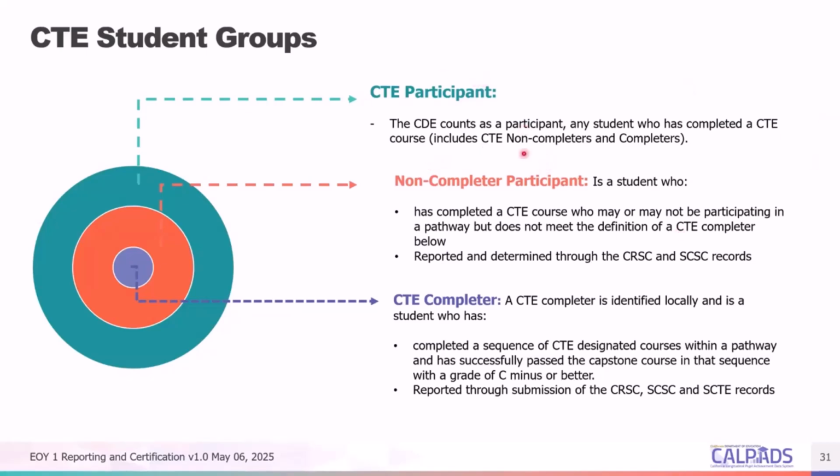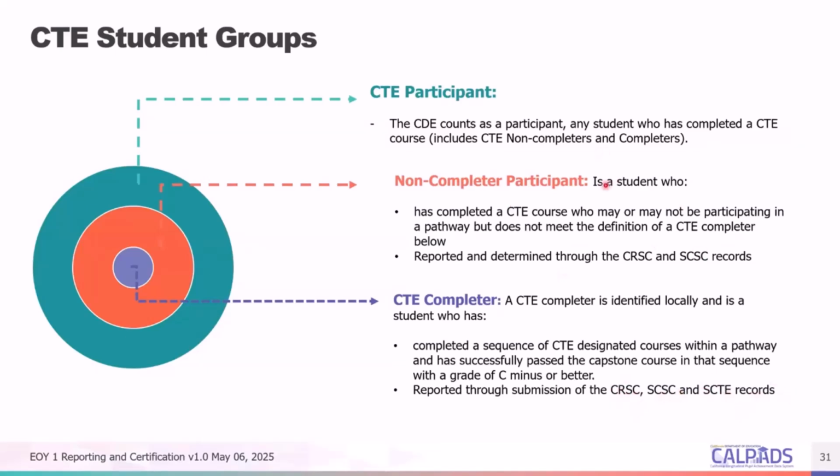Now, the distinction between a completer and a non-completer is that for a non-completer, you only report the CRSC and SCSC records of those students, while a CTE completer needs to have the CRSC, SCSC, and the SCTE record.